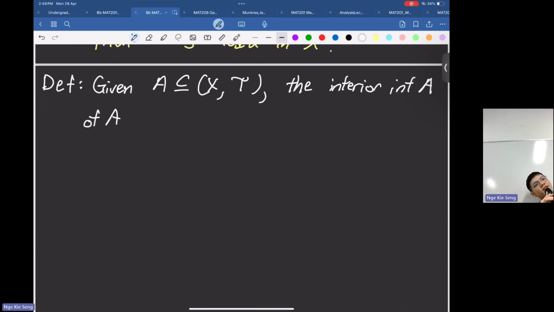For every point in the set, you can find an open ball inside A. So in this case here, what's the open ball?